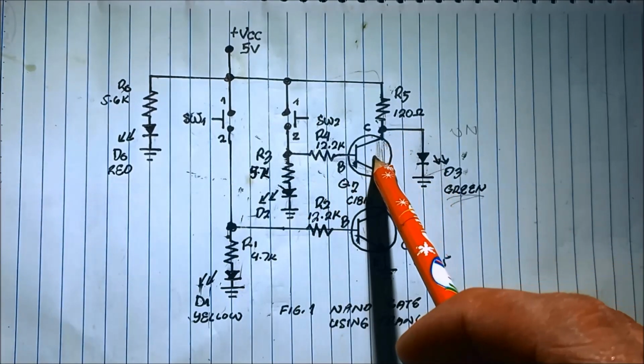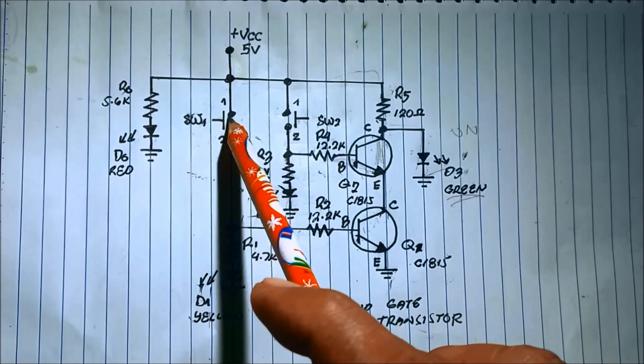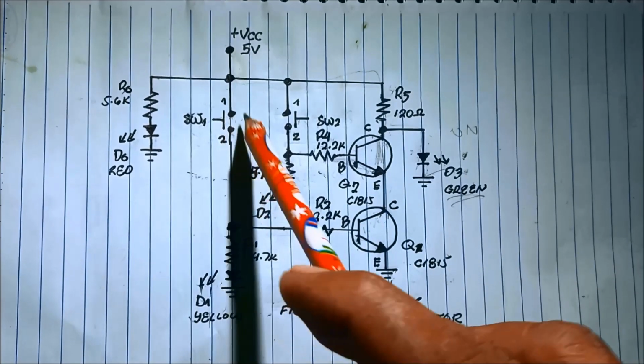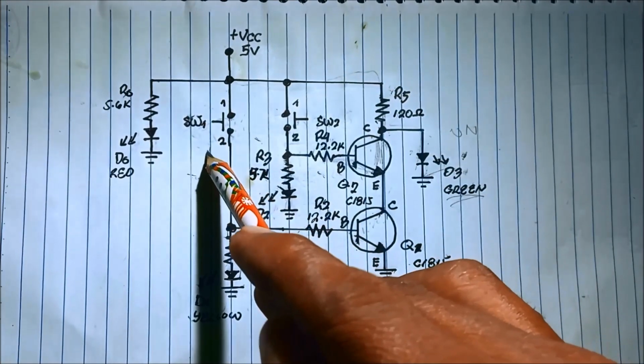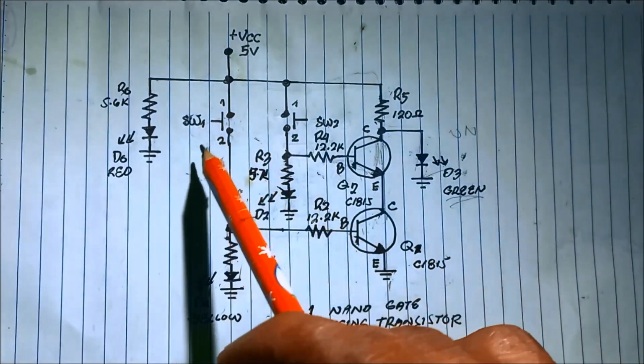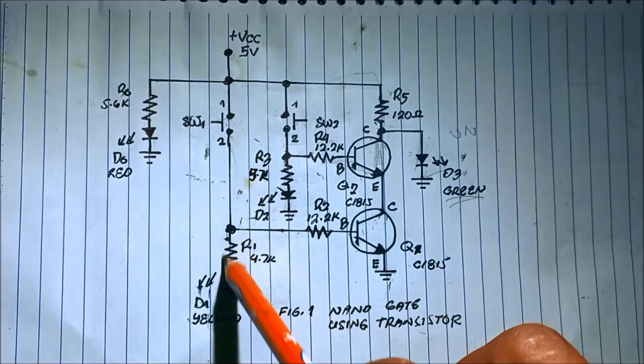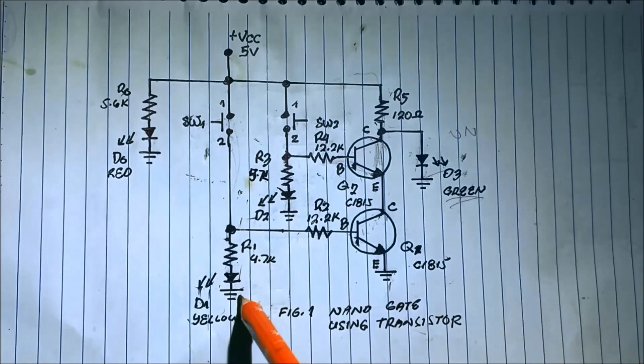So once we press the switch 1, we have an input of 1. It means the input 1 is on, causing the current to flow into the input LED.